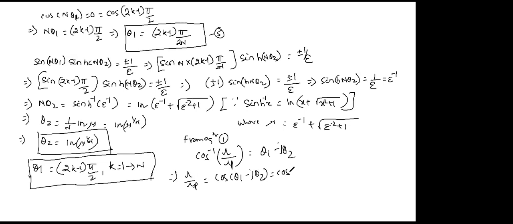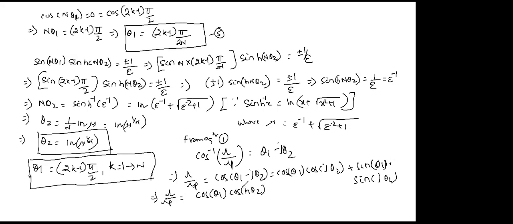Again, same thing, cos a minus b, cos a cos b plus sin a sin b. Cos theta 1 cos of j theta 2 plus sin of theta 1 multiply sin of j theta 2. That is what you got, omega by omega p equals to cos theta 1. This is your cos hyperbolic theta 2. Just now we have seen, yes or not?